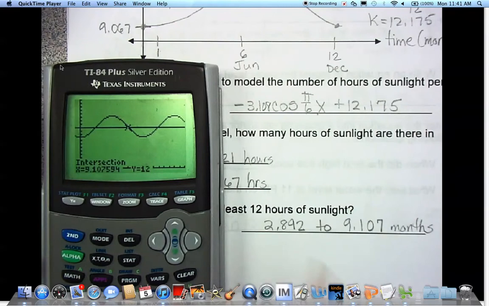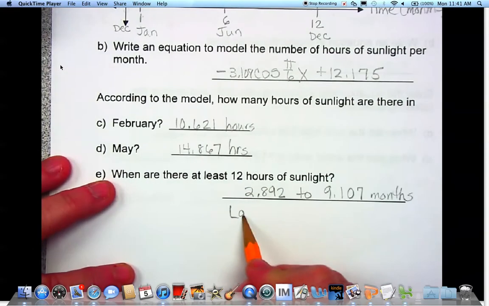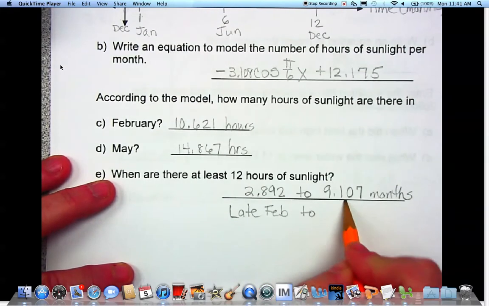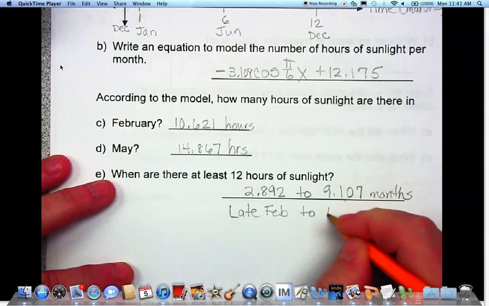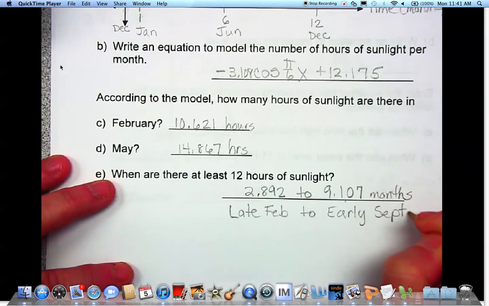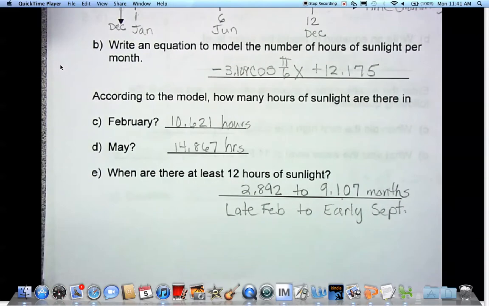What month is 2.892? Late February, February 27th. And 9.107 is early September. From late February to early September, there's at least 12 hours of sunlight in Boston.